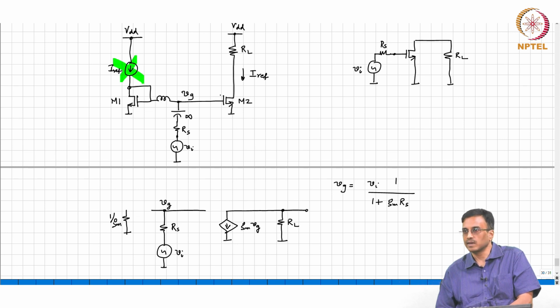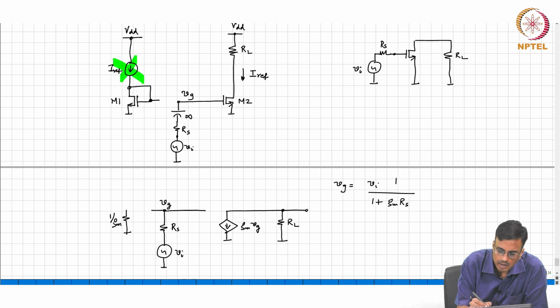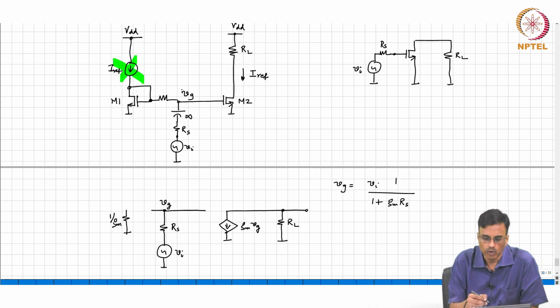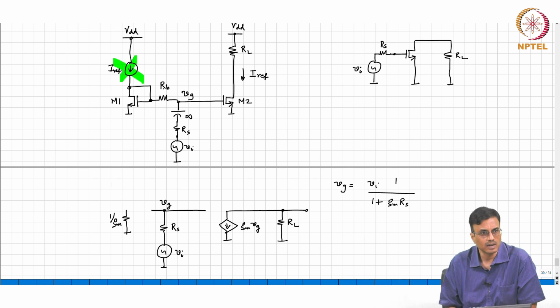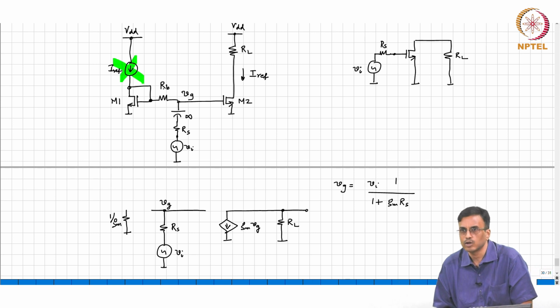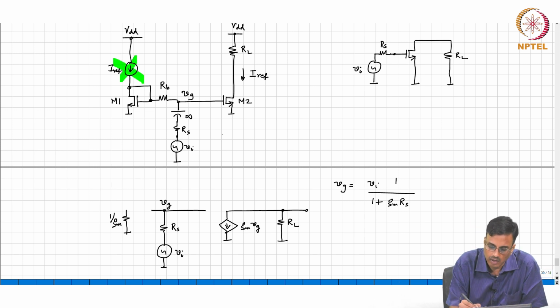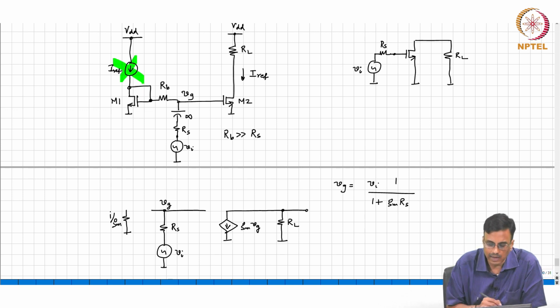is there something else that we can do? Yeah, so basically remember that the inductor is not carrying any current anyway in this particular circuit. So instead of putting an inductor, you can put a resistor RB, right? What comment can you make about RB? Compared to what? So one way of doing it is to basically put RB much greater than RS, in which case in the incremental equivalent what happens?